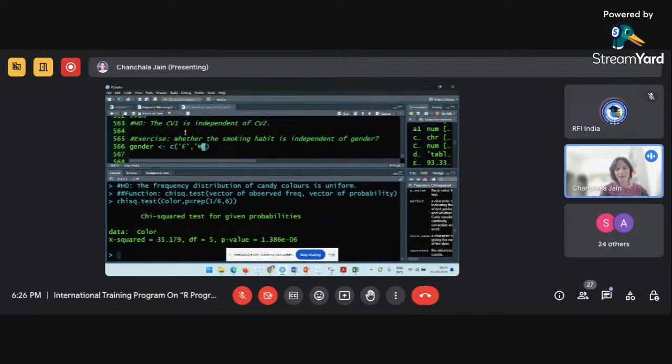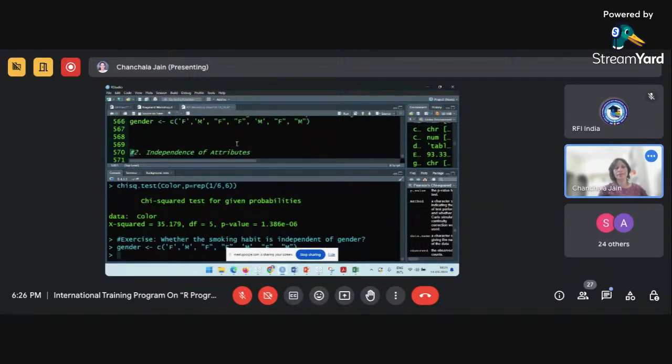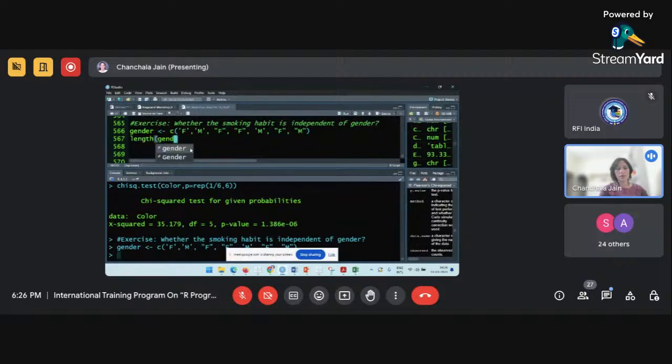So suppose I'm writing M, F, F, F, M, F. Suppose I forgot how many, or I need to count how many elements I have put inside the gender. I can check, 7, right?